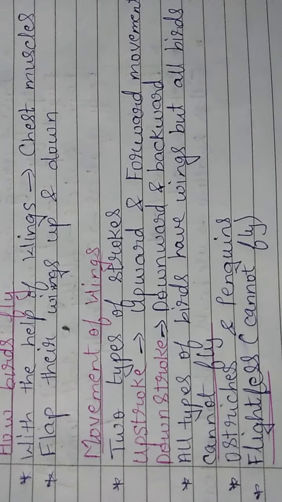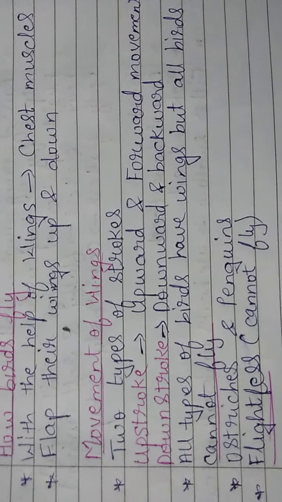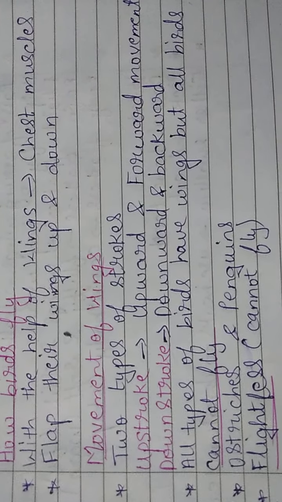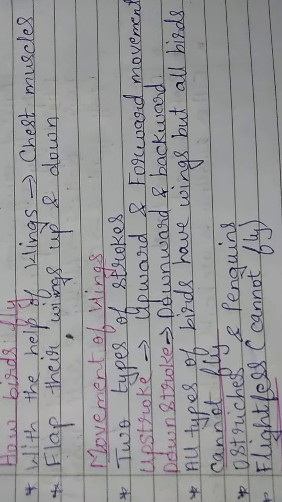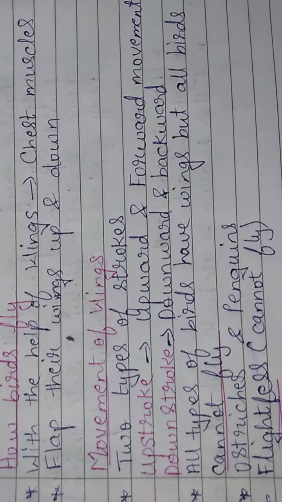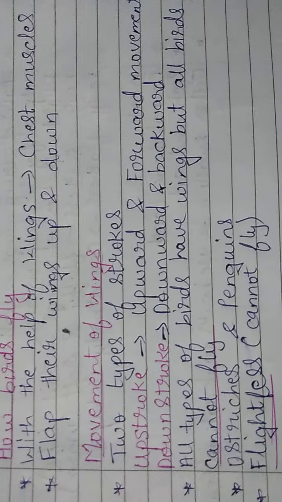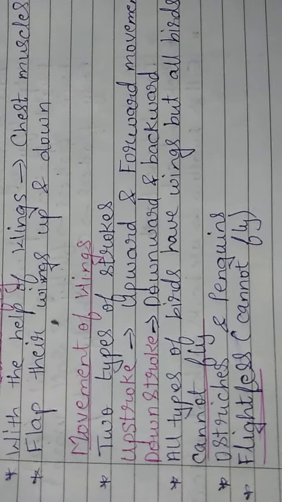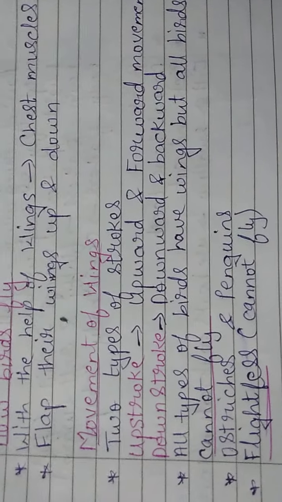Upstroke means moving forward and upward. Downstroke means moving downward and backward. All the birds have wings, but all birds cannot fly. For example, ostriches and penguins cannot fly. Therefore, they are called flightless birds.